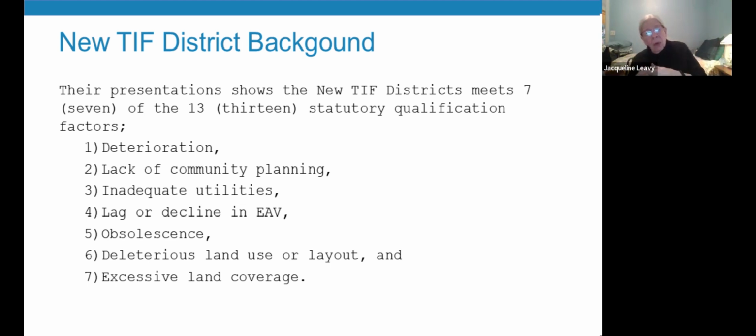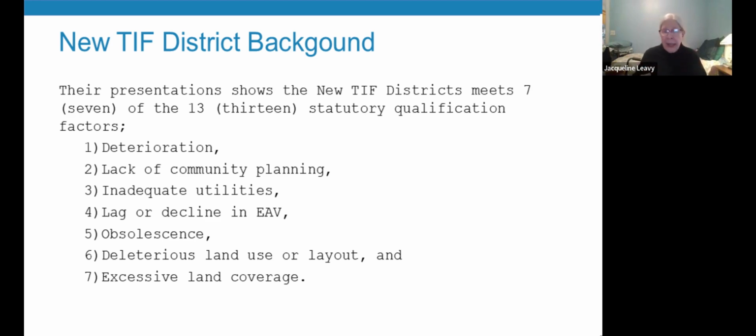As this whole enterprise evolved, developers and municipalities and consultants saw an opportunity to play with this a little bit. And over time, and by the late 90s, early 2000s, mid 2000s, the understanding of what was blighted or what was an area that needed to be conserved so it would not become blighted became looser and looser.